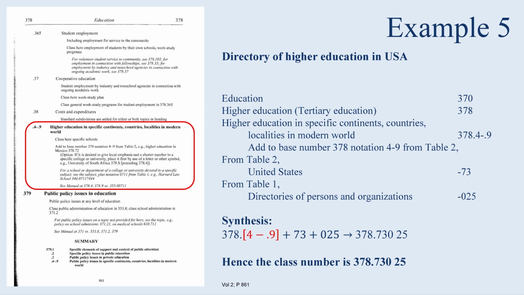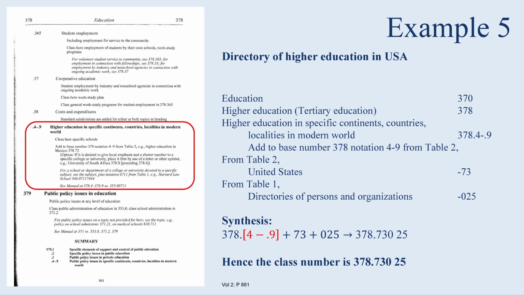So we have to just find out the number for higher education. This is 378. We will easily derive it from the third summary of the DDC. The number is 378, and 378 will get a range of numbers, that is 378.4 to .9, that is higher education in specific continents, countries and localities in the modern world.